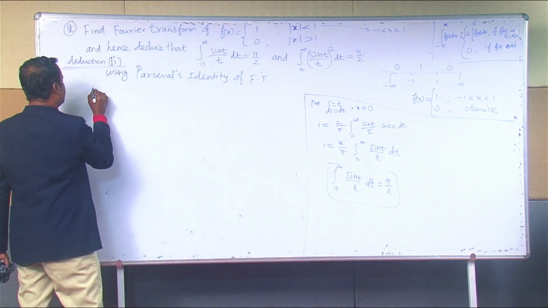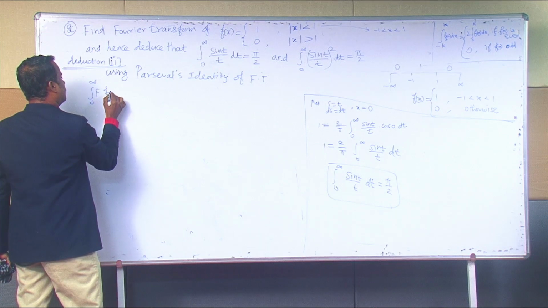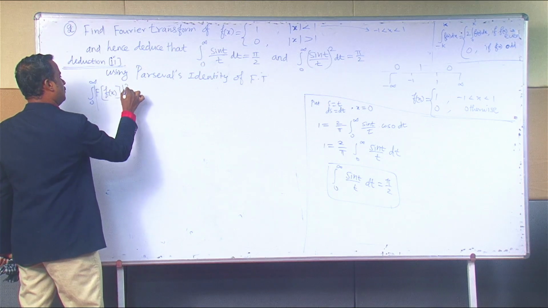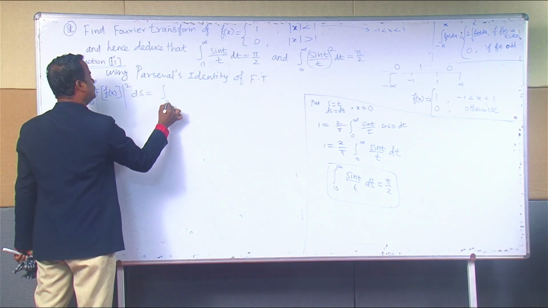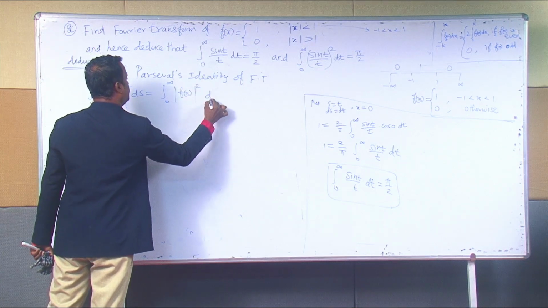What's the Parseval's identity of Fourier transform? Integral 0 to infinity f of x whole square ds, which is equal to integral 0 to infinity modulus of f of x whole square dx.